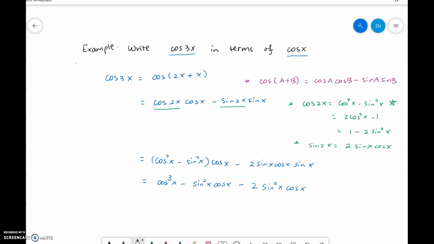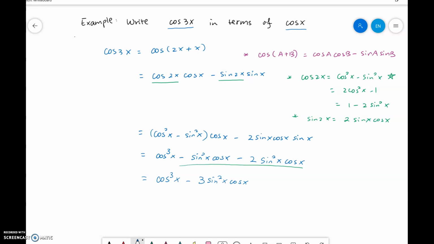What I see is I can combine the underlined parts to become minus 3 sine squared x cosine of x. Since I've gotten to this point, I kind of regret picking the first one.